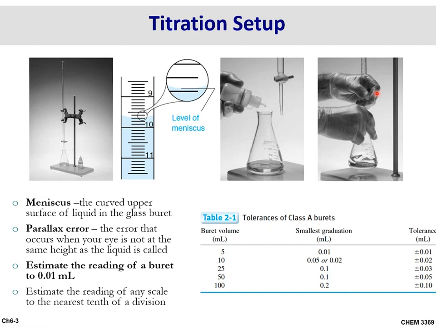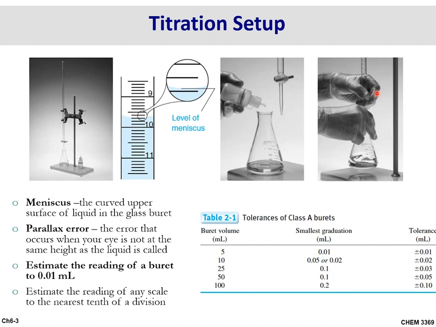It's actually difficult to see in a picture, but you're supposed to swirl the flask to make sure that if there is any liquid on the side walls, it comes into contact with the bulk solution, and it also helps mixing, so the reaction goes as it's supposed to go.